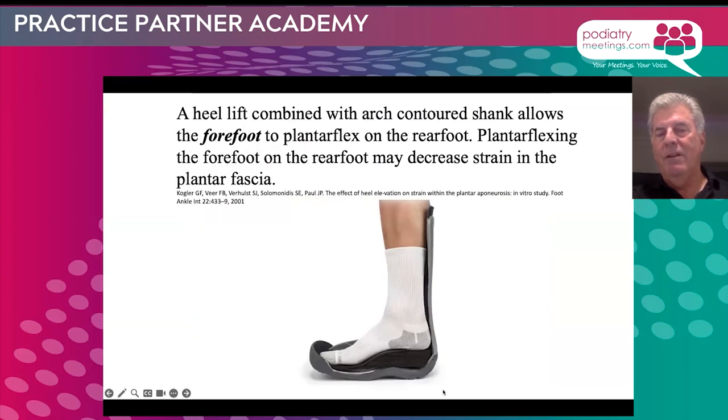It's interesting, the platform heel wedge, which allows the forefoot to plantar flex, would actually be an ideal system, in my opinion, to reduce loading of the plantar fascia. It doesn't plantar flex the ankle as we showed you earlier, but it definitely plantar flexes the forefoot on the rear foot, which in my mind would directly reduce tensile strain on the plantar fascia.